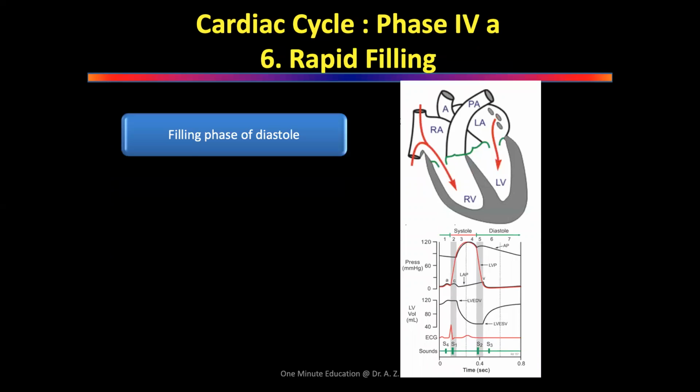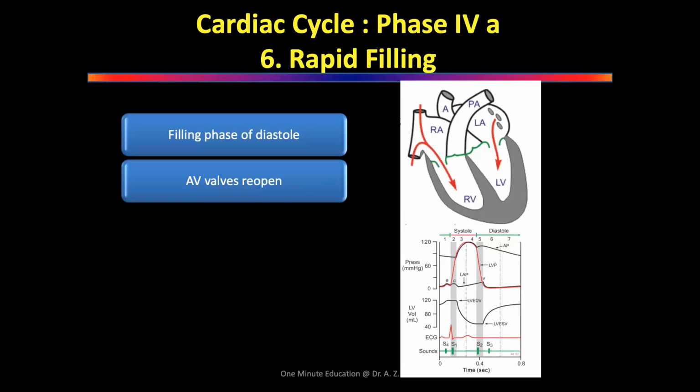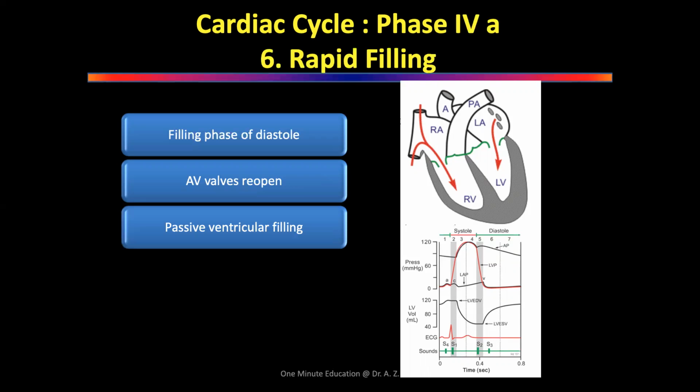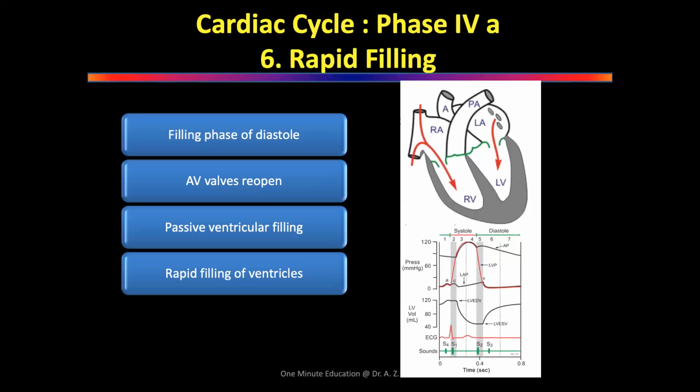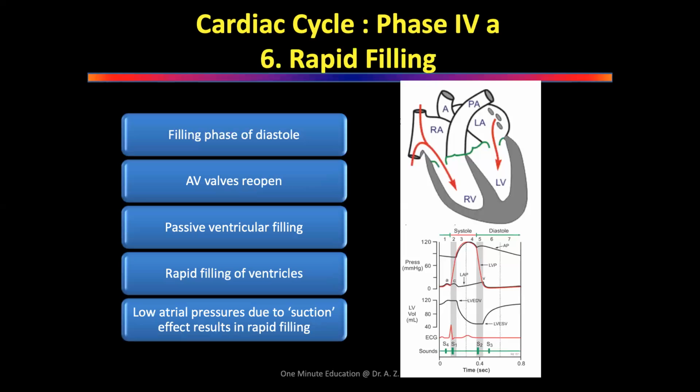Rapid filling. Rapid filling is when the ventricular pressure falls below the atrial pressure, and the mitral and the tricuspid valves open. This leads to fast filling from atrium to ventricle. Low atrial pressure due to suction effects results in the rapid filling.